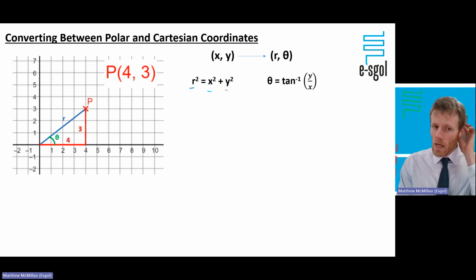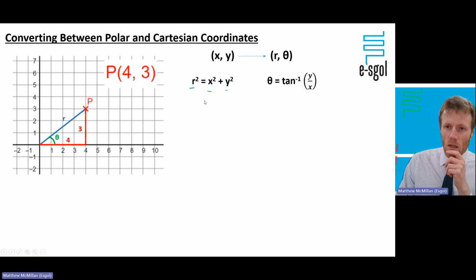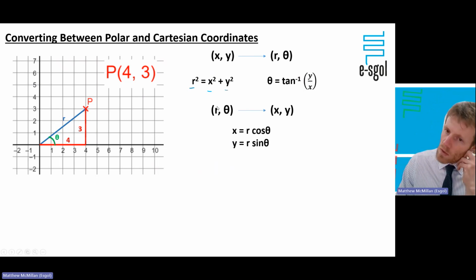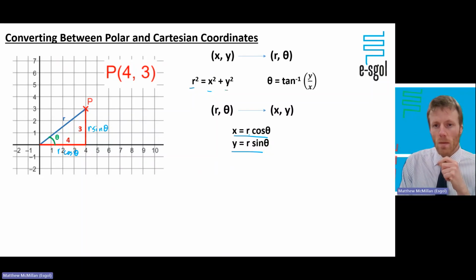If I go back and think about how to go the other way, from polar coordinates to Cartesian coordinates, this here is r, and because it's opposite the angle, r sin theta. So that's our y coordinate. And this here is r cos theta, because it's adjacent to the angle, and that's the x coordinate.